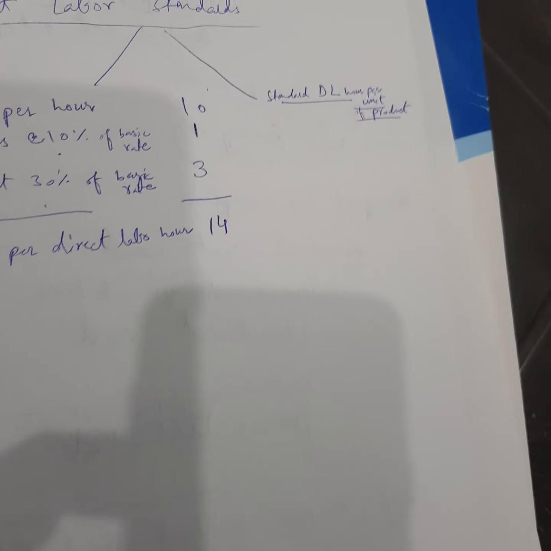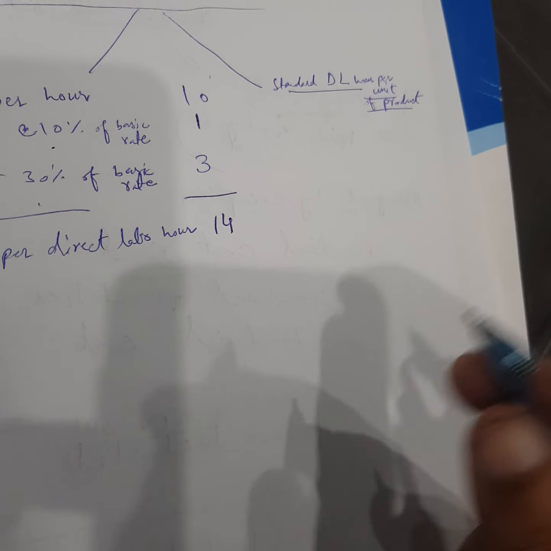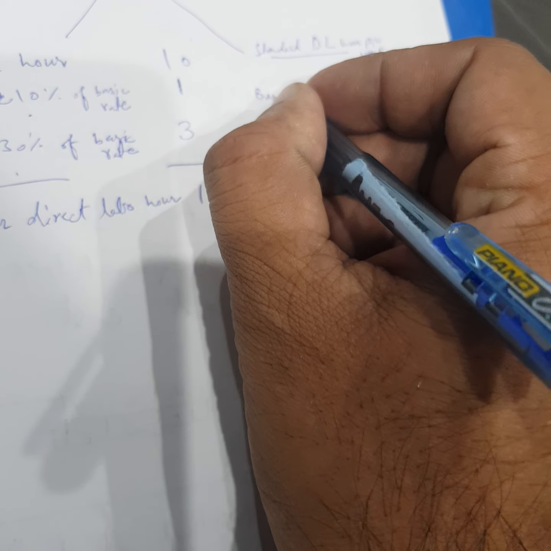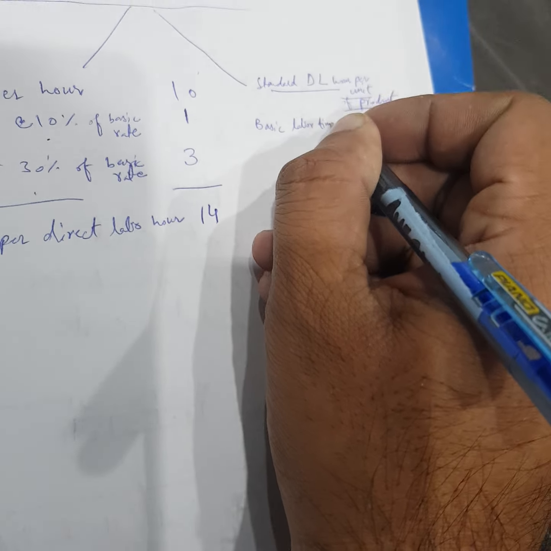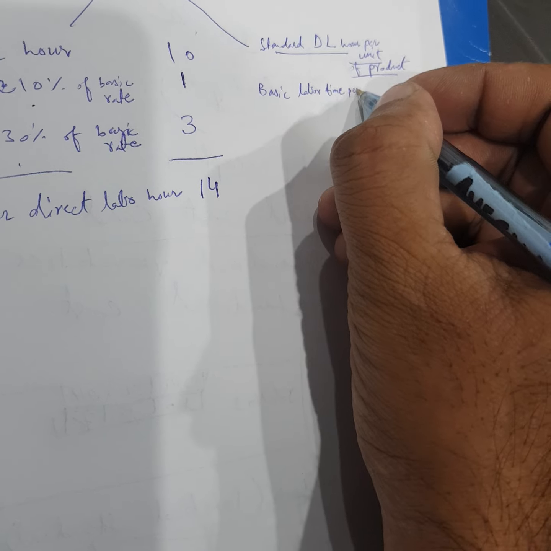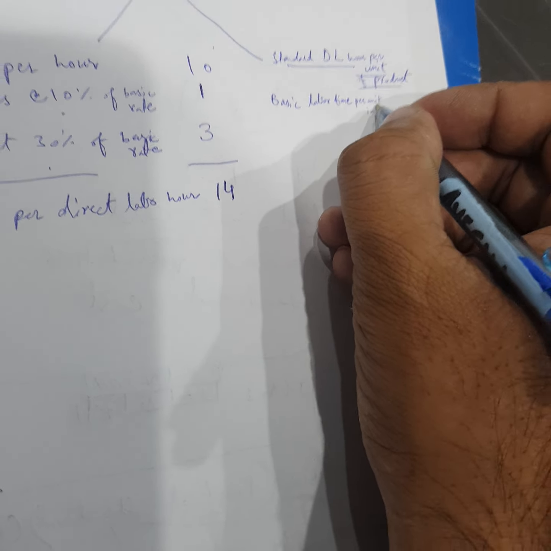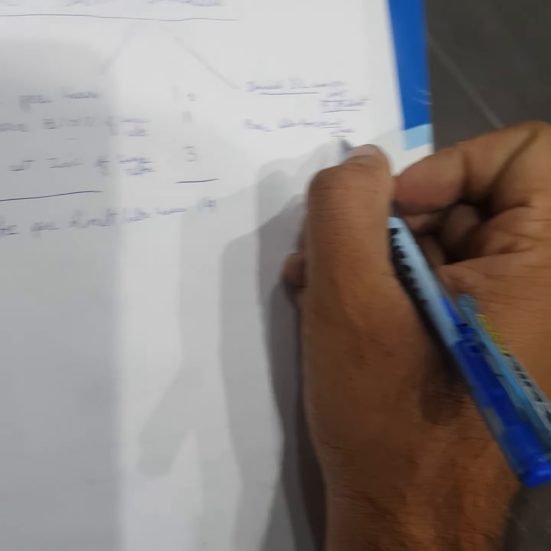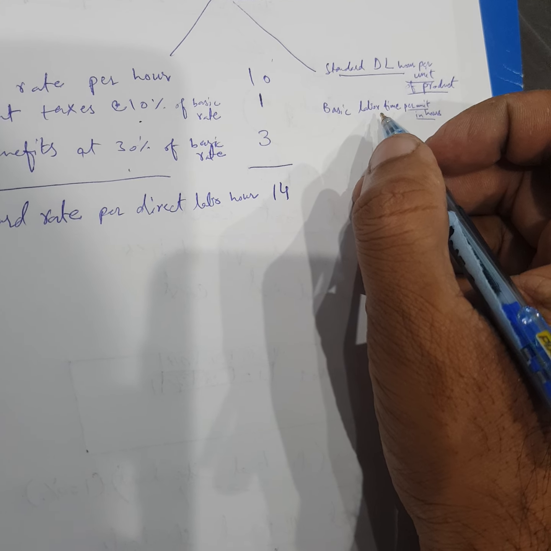For that purpose, we will take basic labor time per unit, we can say in hours. Like for per unit, how many hours will be required by labor to make it.